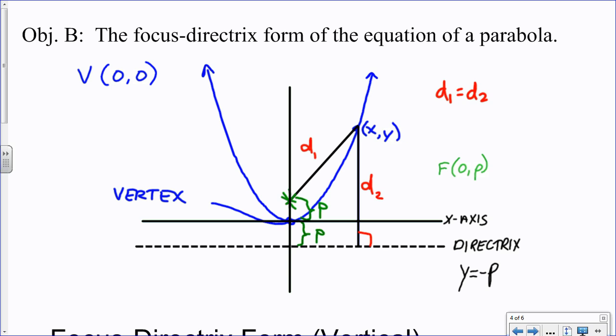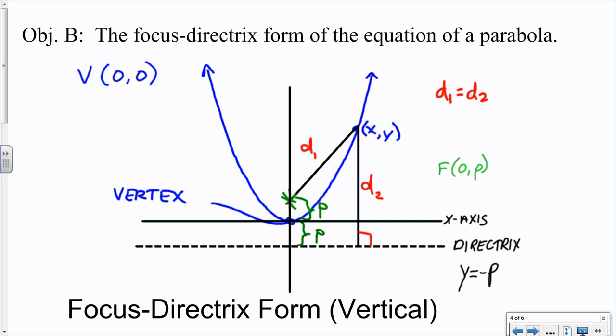Remember, the distances are from any point on the parabola to the focus and directrix. So the focus and directrix are special parts of the parabola, even though they're not actually on the parabola. The directrix is a line, the focus is a point.